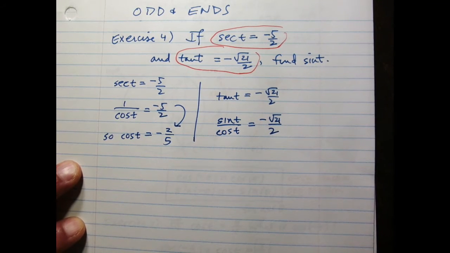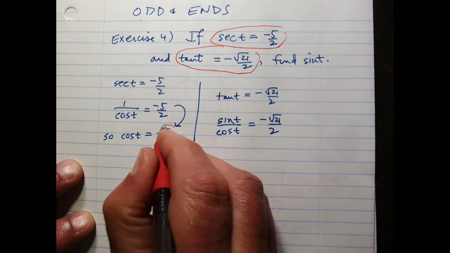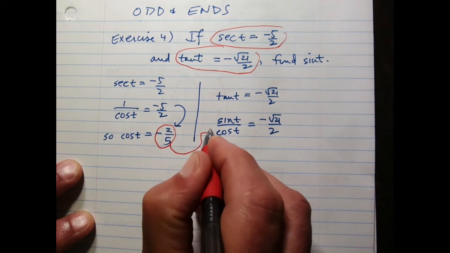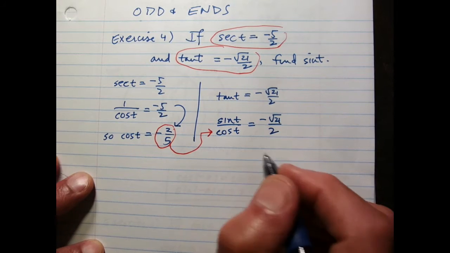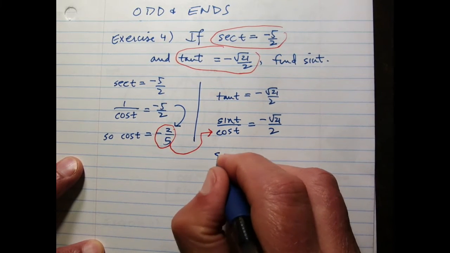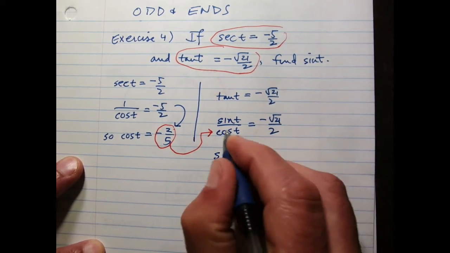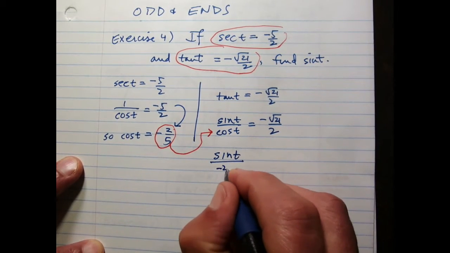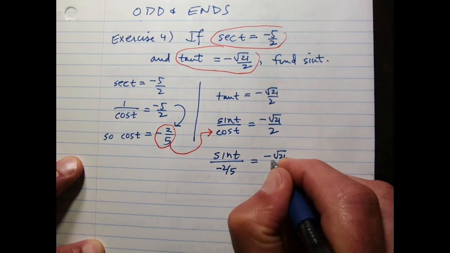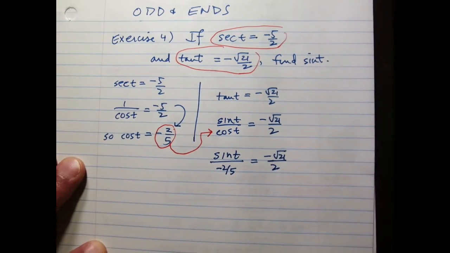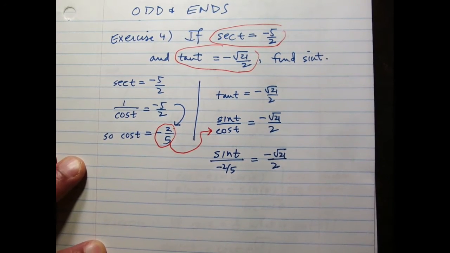And now we can just substitute this value in for cosine t. So we're talking about a specific angle here. Sine t over negative 2/5 is equal to negative square root 21 over 2. And now we can just solve for sine t.